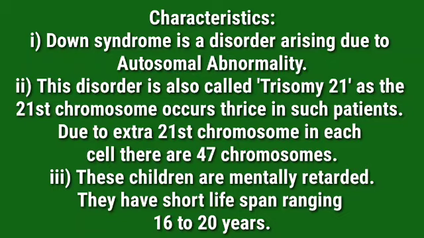Second, this disorder is called trisomy 21 as the 21st chromosome occurs thrice in such patients. Due to the extra 21st chromosome in each cell, there are 47 chromosomes. Third, these children are mentally retarded. They have a short lifespan ranging from 16 to 20 years.